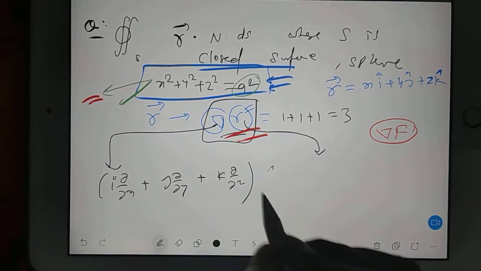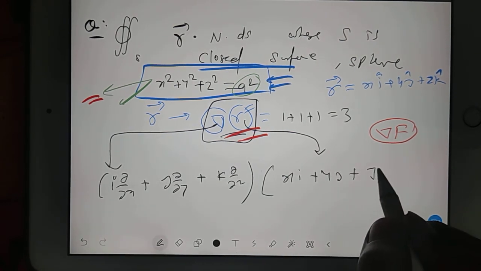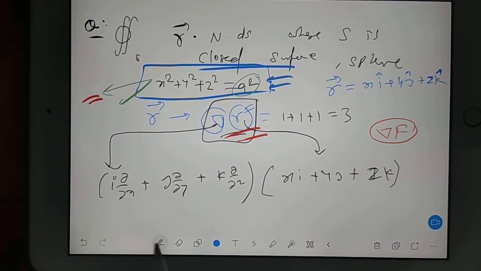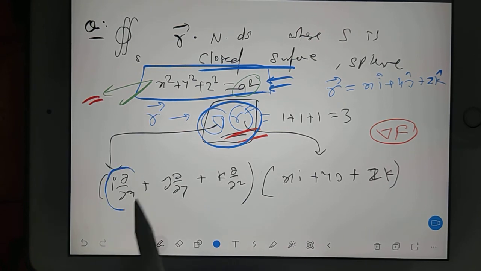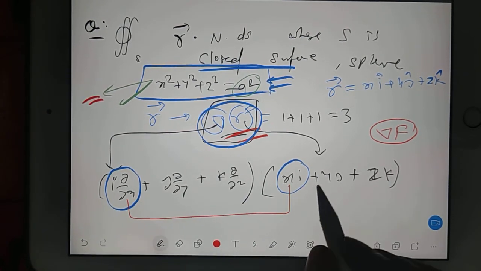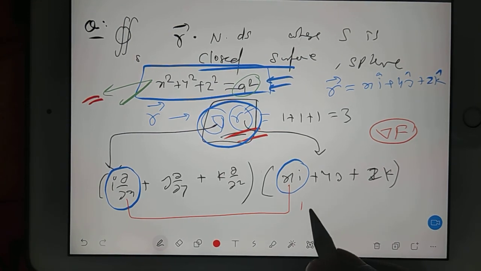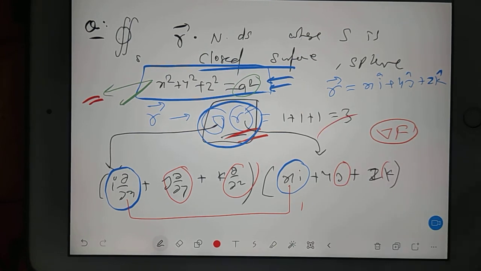And this value is nothing but xi plus yj plus zk. So that's what I'm saying. This is a simple dot product, simple dot product. So this guy you multiply only with this. So dou by dou x of x is 1. So dou by dou y of y is 1 and dou by dou z of z is 1, right? Okay.